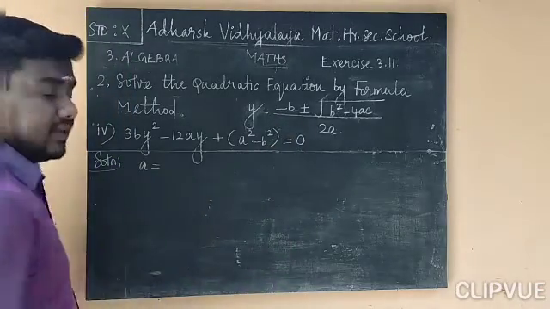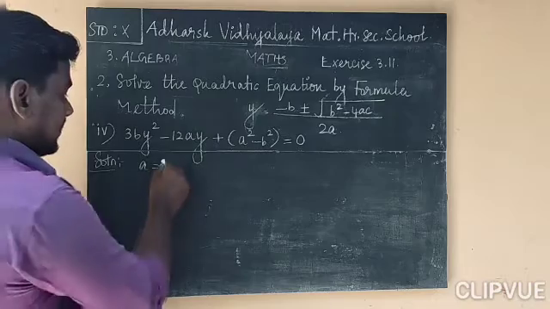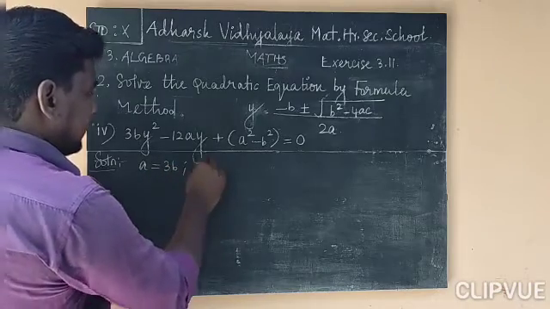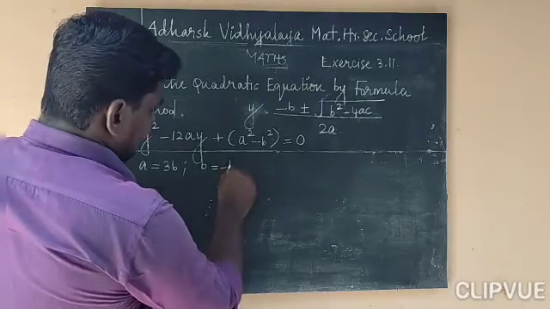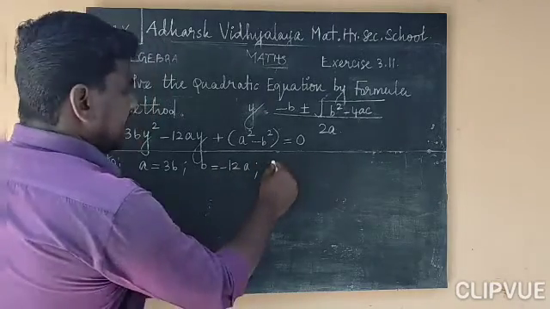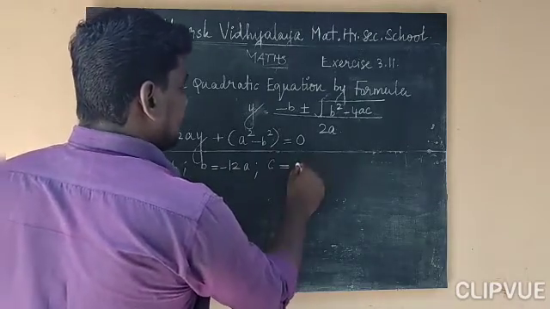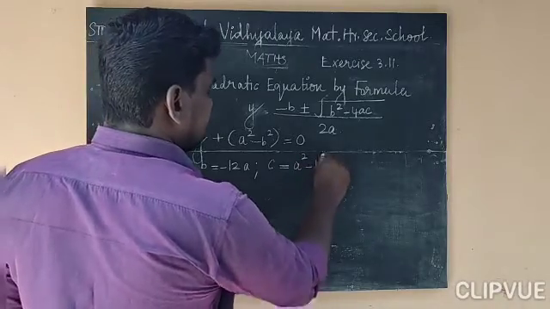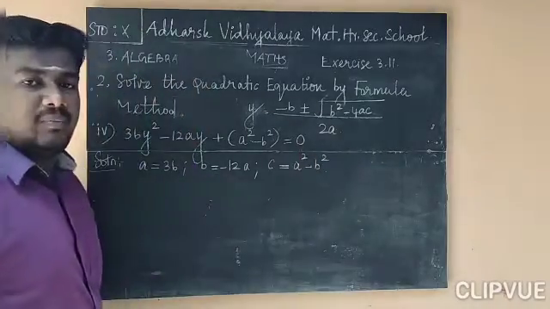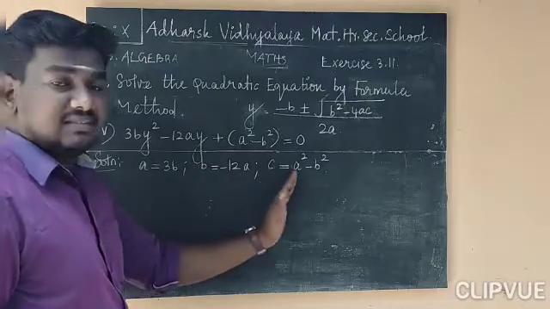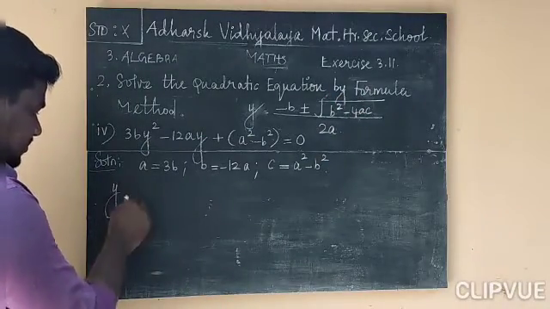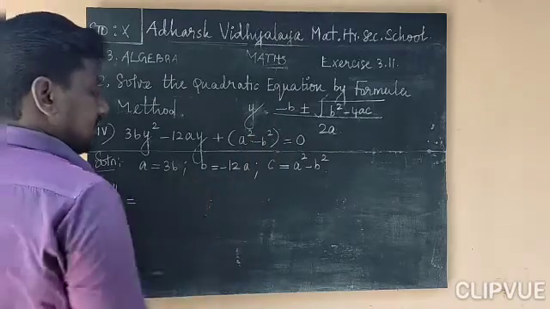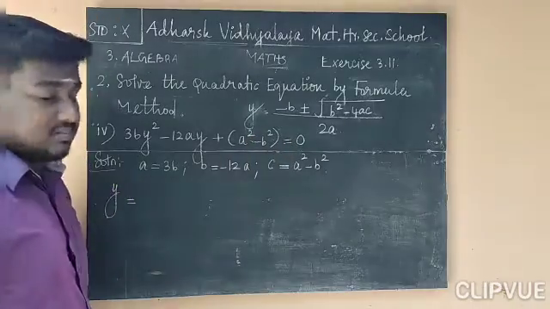What is a? A is the coefficient of y square, that is 36, and b is the coefficient of y, that is 12a, and c, the constant term, is equal to a square minus b square. So we are going to replace the values of a, b and c in this formula. So y is equal to minus b. B is 12a, you know that, minus 12a.